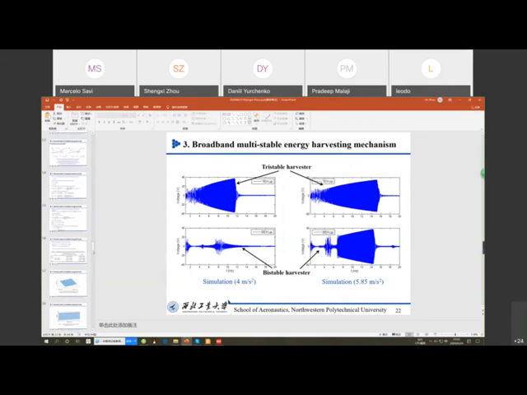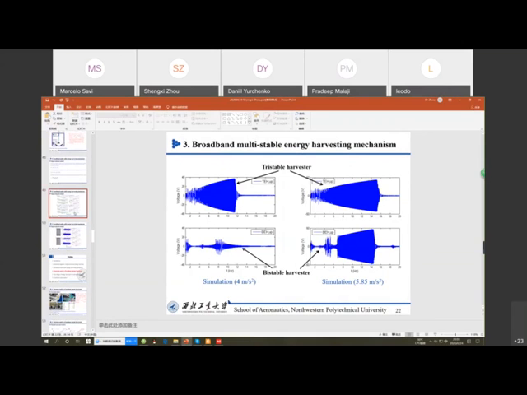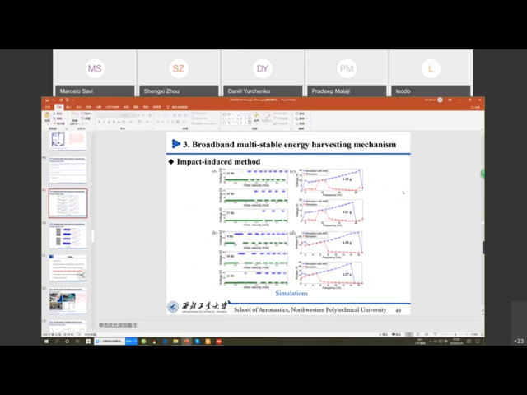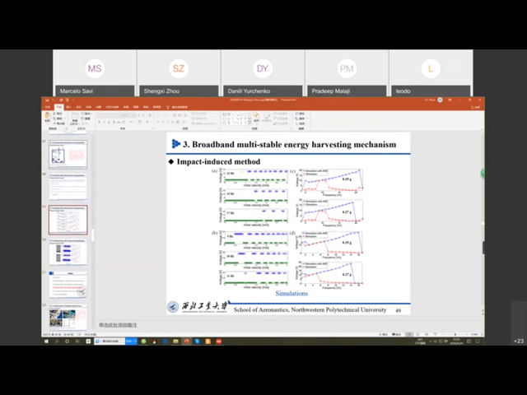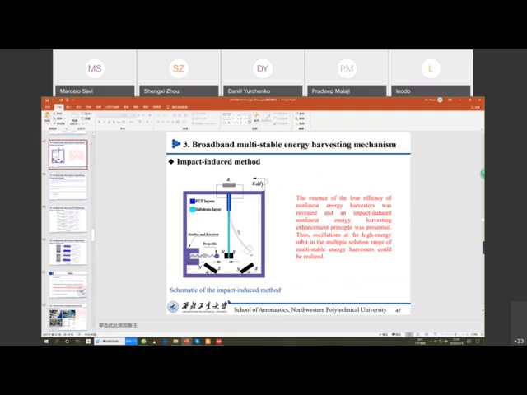For the impact, I assume the impact changes the initial velocity. When the beam vibrates and goes to the middle equilibrium position, we make the impact to change its initial velocity.